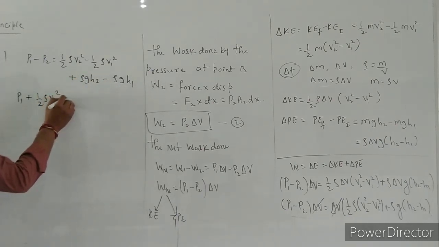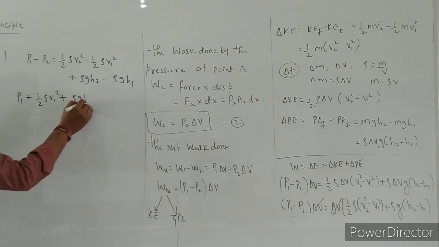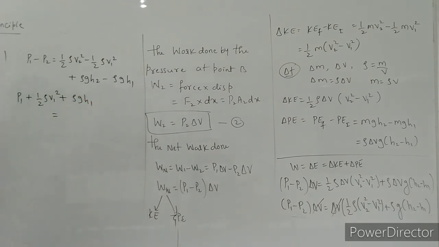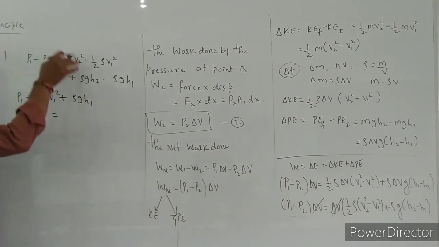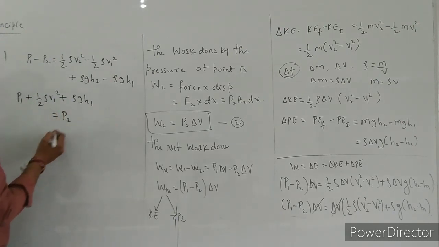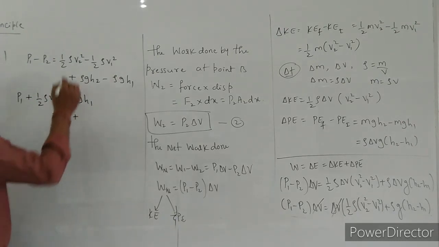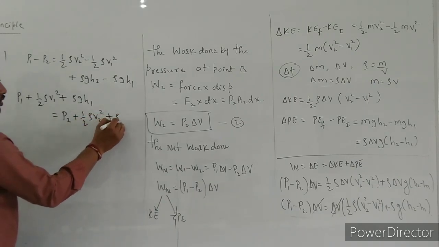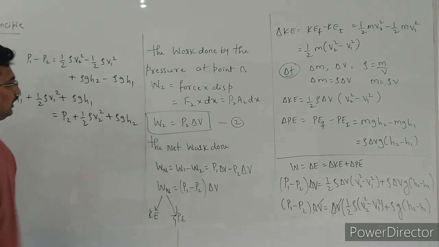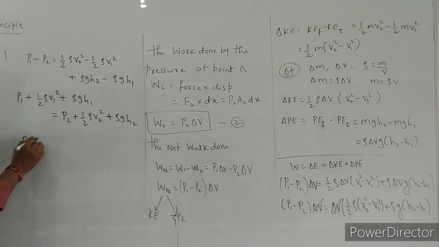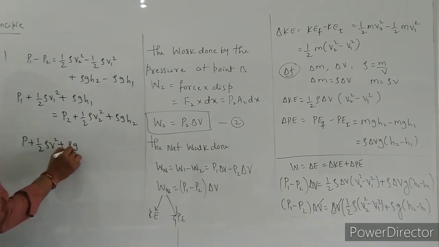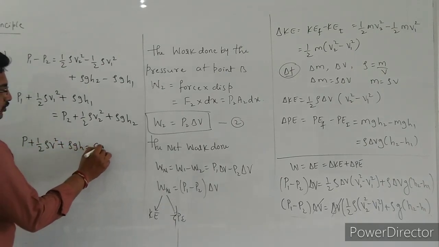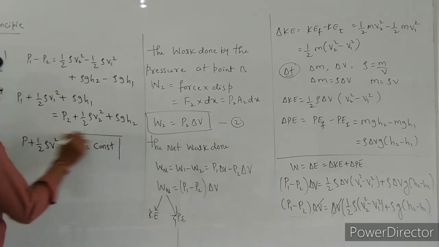Next take this term to this side, plus rho g h1, that is equal to, taking this P2 term to this side, P2 plus 1 by 2 rho v2 square plus rho g h2. So in general, we can write this expression as P plus 1 by 2 rho V square plus rho g h is equal to constant.